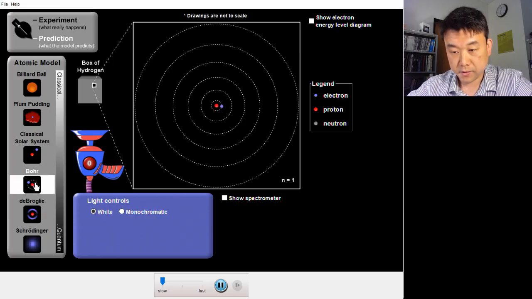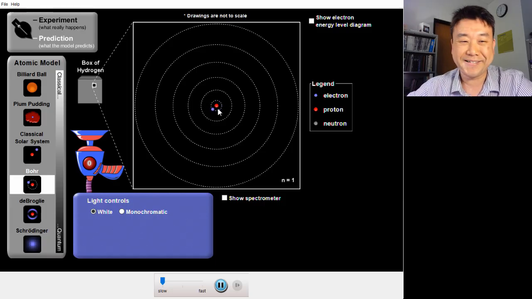The Bohr model is the first of these quantum mechanical models. Bohr kept all the known laws, theories, and facts. The Bohr model still has a positively charged nucleus, the proton, and it assumes the law of conservation of energy. And it assumes that the theory of electromagnetism is still correct for the most part.